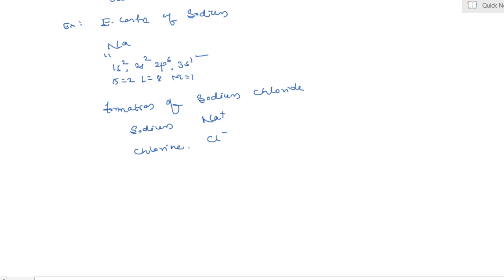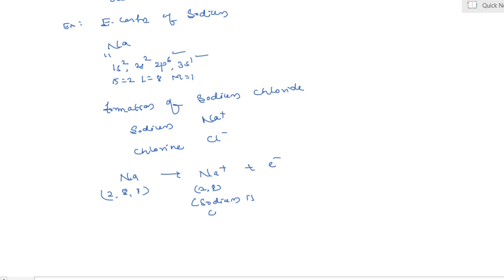Observe here carefully, Na is 2 8 1 according to electronic configuration. K shell 2 electrons, L shell 8 electrons, and in the M shell only 1 electron. What is happening here? Na plus, it means 2 as well as 8, completely filled shells, after losing 1 electron. Sodium is a cation.